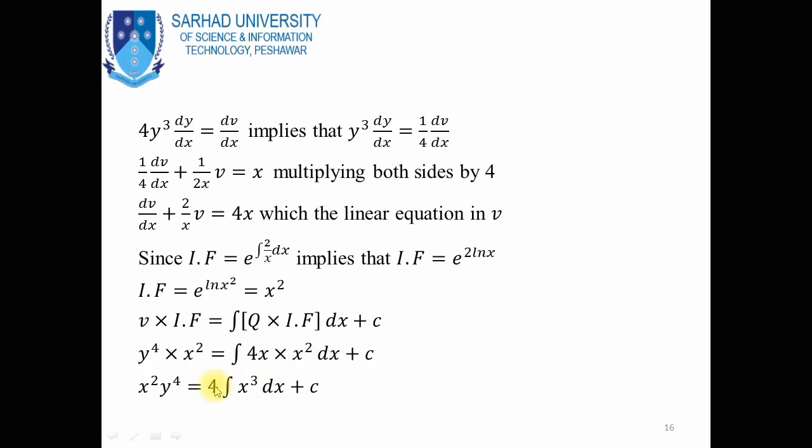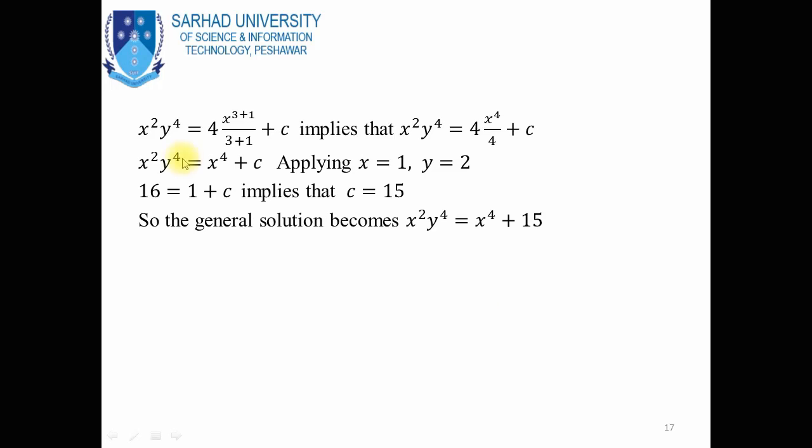So 4x cube, we obtain x square y power 4 is equal to 4 integration of x cube, and the integration of x cube is x power 4 divided by 4. So we obtain the general solution x square y power 4 is equal to 4 x power 4 divided by 4 plus c, and this can be written as, 4 and 4 cancel, x square y power 4 is equal to x power 4 plus c.